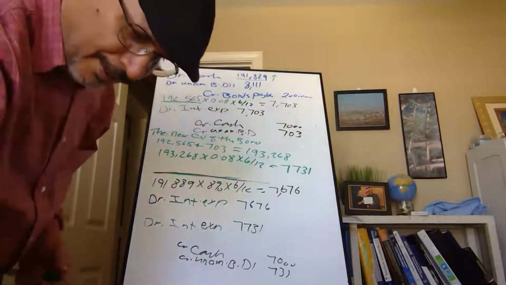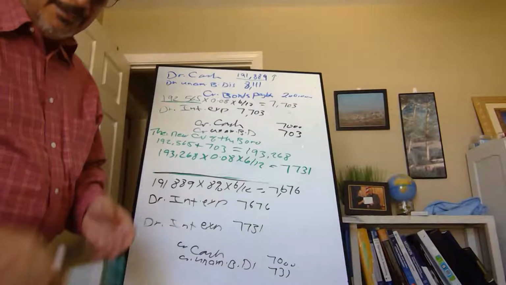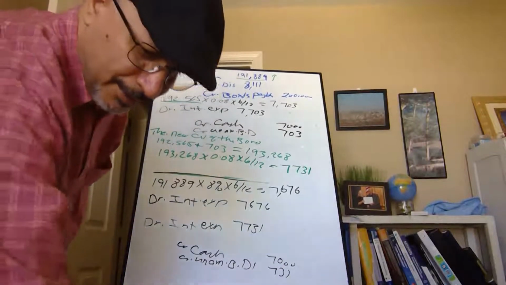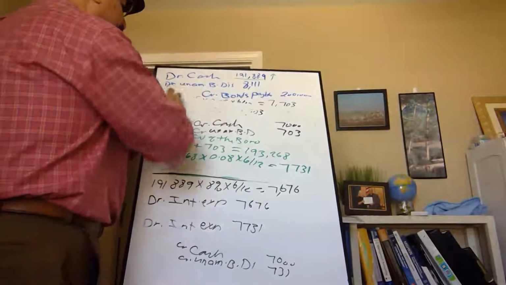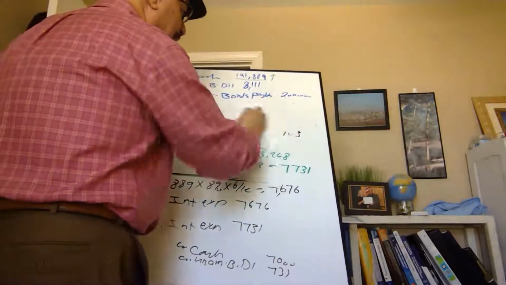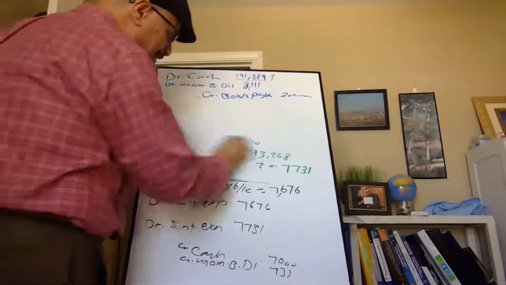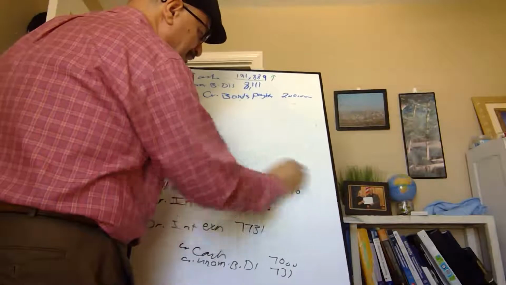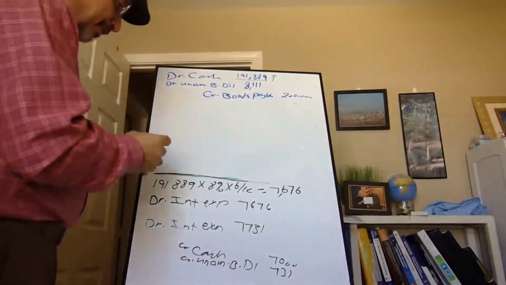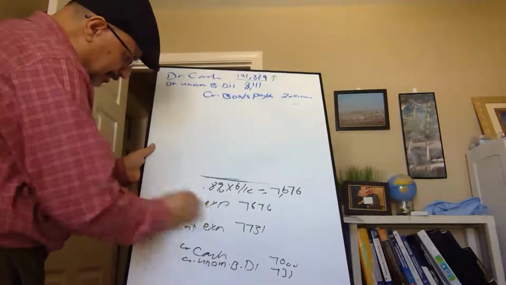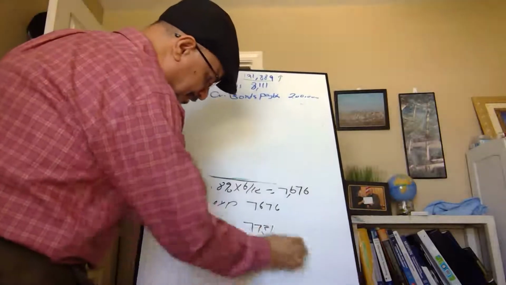Okay. Now let's do amortizing the premium. The premium, guys, means that the market interest rate is smaller than the stated interest rate.